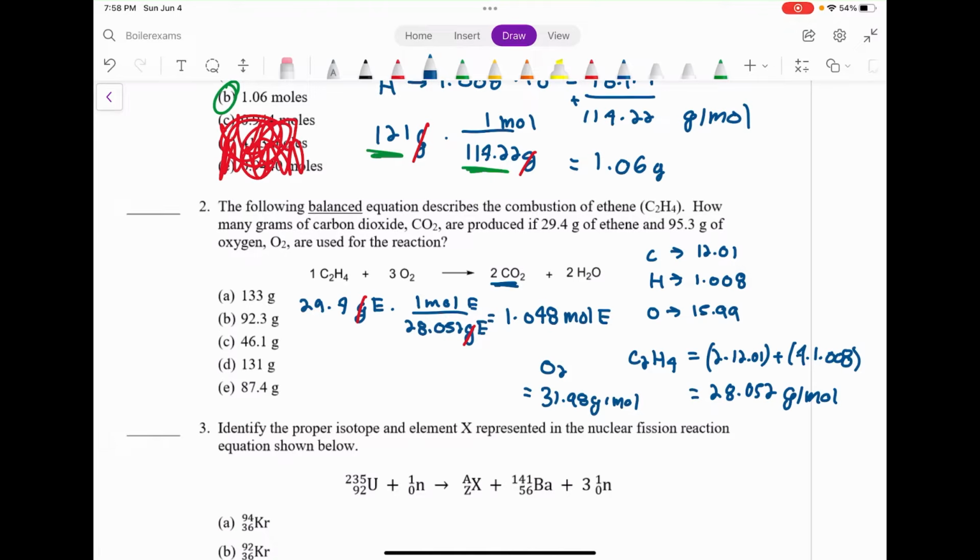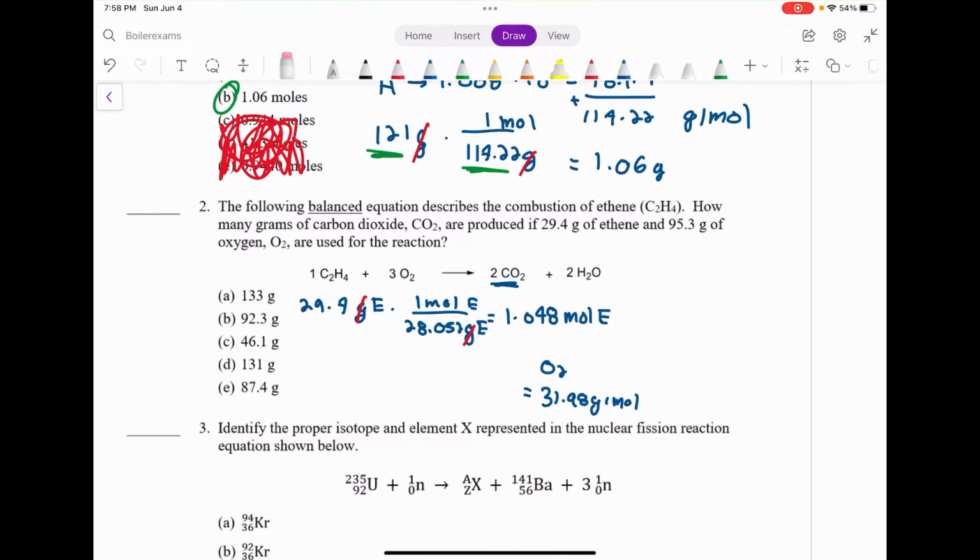Okay. I'm going to erase now to give me some more space. Okay, let's figure out how much oxygen we have. We have 95.3 grams, and we know the molecular weight. In 1 mole of O2, there's 31.98 grams.